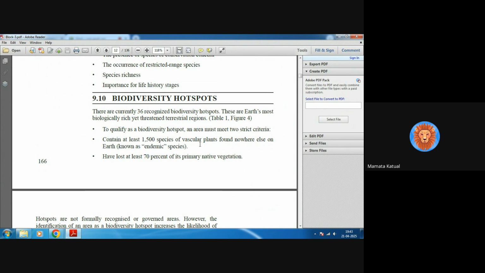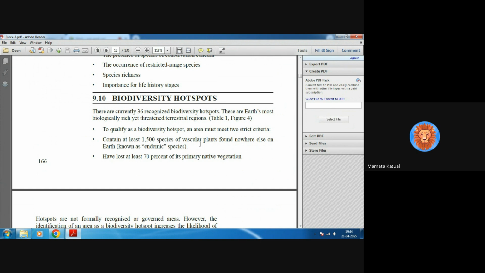And so there is the hotspot. It may contain at least 1500 vascular species which are endemic. Endemic means these vascular plants are present only in that specific area and they are not found in any other place of the world.